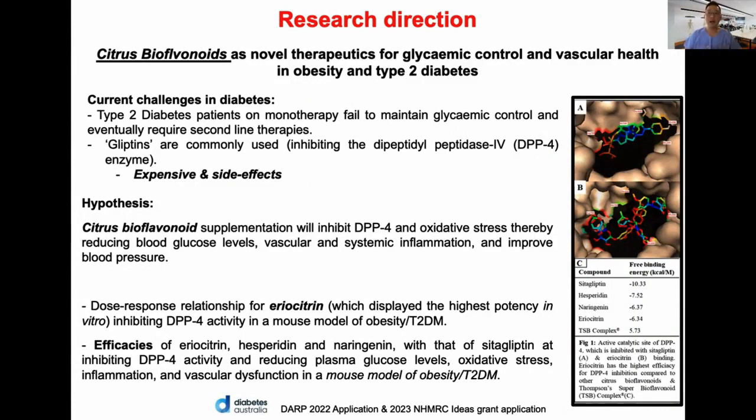Studies have shown that by taking a lot of citrus bioflavonoids, in our case a citrus bioflavonoid supplement, this will help control the blood glucose level and eventually become an alternative approach to treat type 2 diabetes and also pre-diabetes, which is a common side effect of obesity. So this will be updated soon in the future.